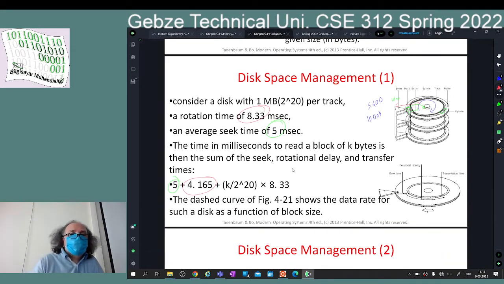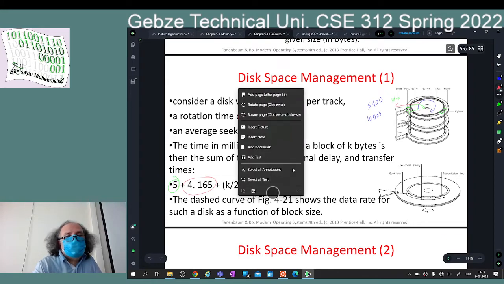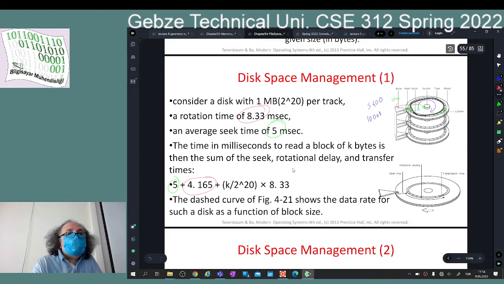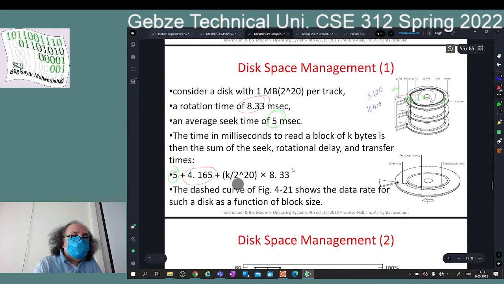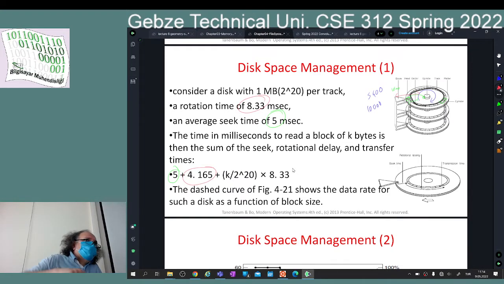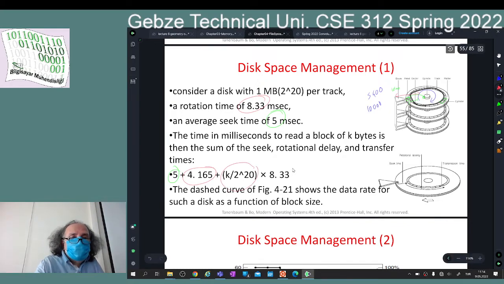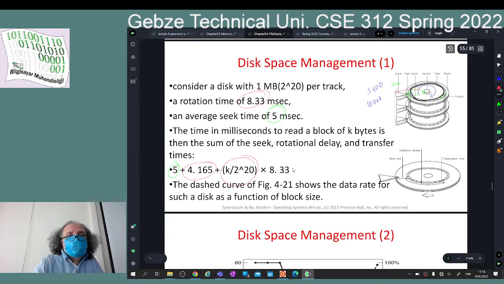Remember, to read 1 megabyte of data, you need 8.33 milliseconds. But I need to read only k bytes, so I divide k over 2 to the power 20, because I am not going to read the whole thing, only this portion of it, and multiply it by this much. The whole time will be my data access time.